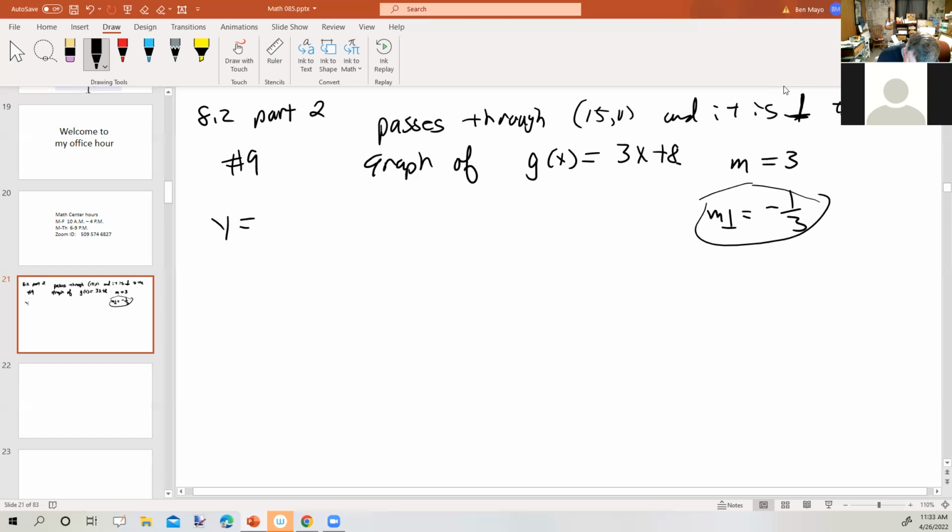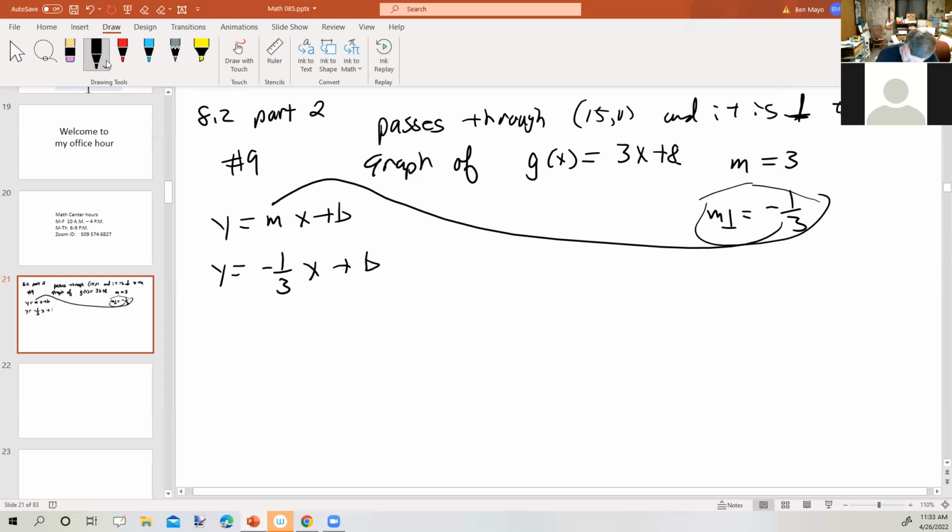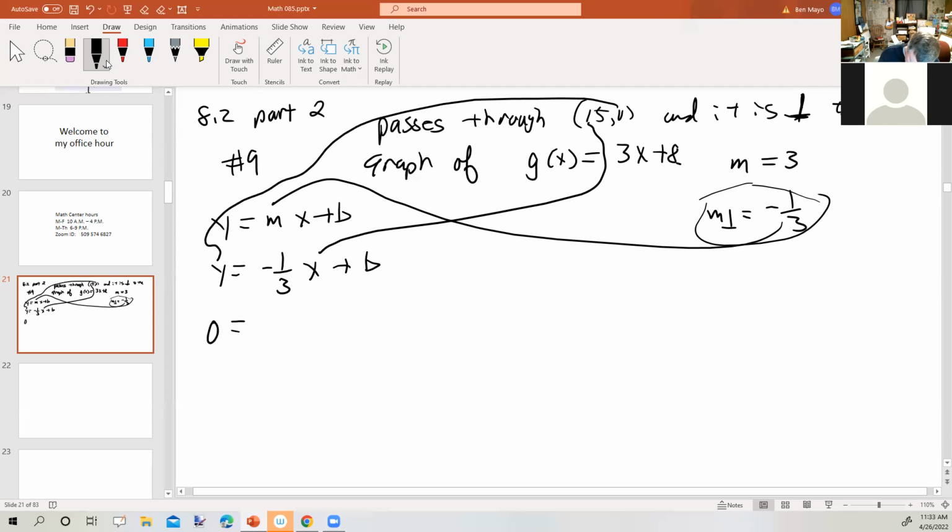So y = mx + b, y = negative 1/3 x + b. We're going to take the ordered pair that we're given on the new line. x is 15, y is 0. So 0 = negative 1/3 times 15 + b. 15 over 3 is 5 over 1. 0 = negative 5 + b.